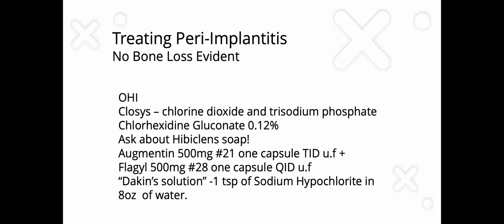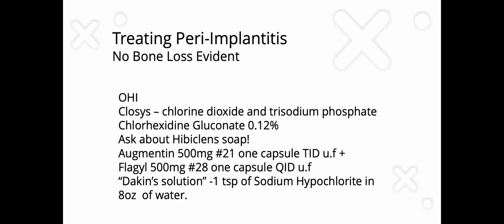You're going to go through the oral hygiene instruction. Again, your team can help you with this. They are also going to be handing out Closys, and you're going to be prescribing chlorhexidine. And then we could talk about Hibiclens soap at the end.